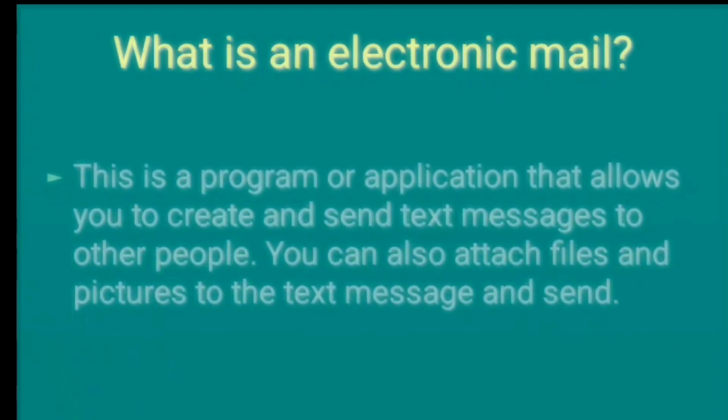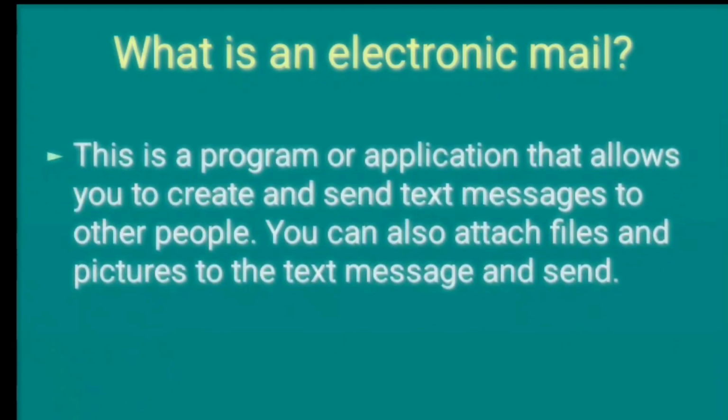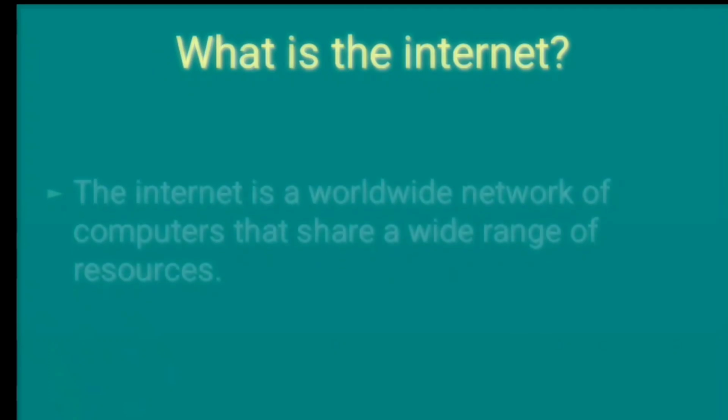What is electronic mail? This is a program or application that allows you to create and send text messages to other people. You can also attach files and pictures to the text message and send. What is the internet?